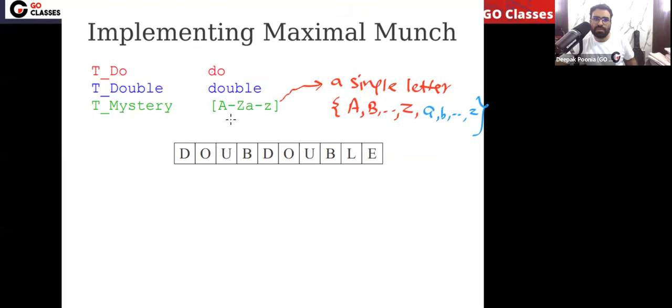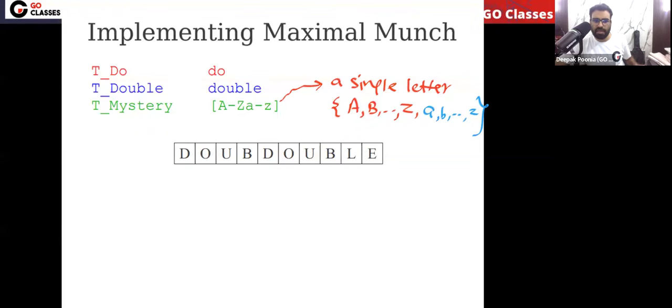Here you can see capital and small letters are distinguishable, but actually these are keywords, so I think it doesn't matter. In the identifier, capital and small might be distinguishable, but in the keyword I don't think it matters.